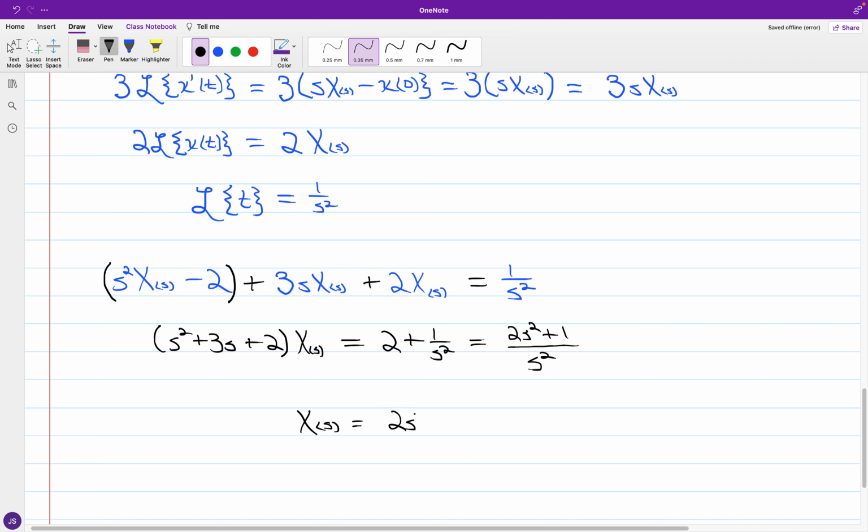So I have 2s squared plus 1, all over s squared, and we have times the quantity of s squared plus 3s plus 2.